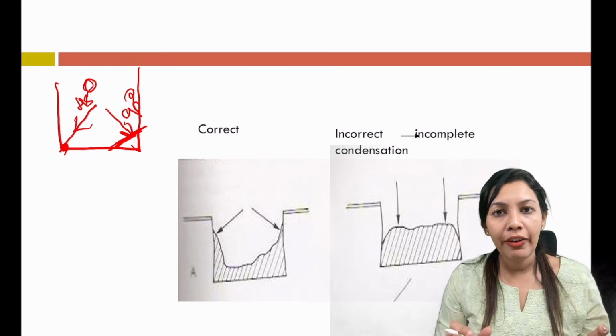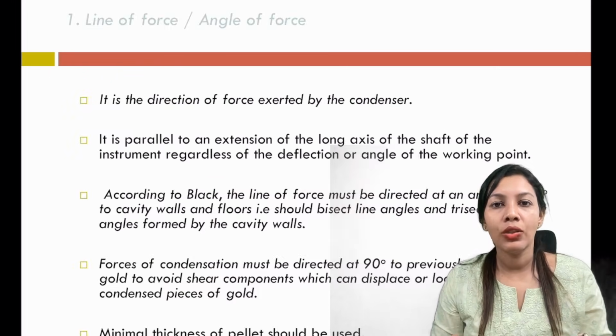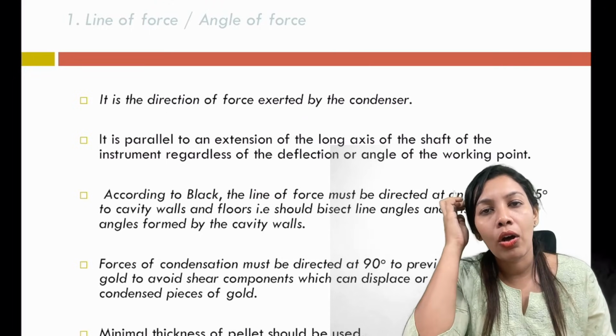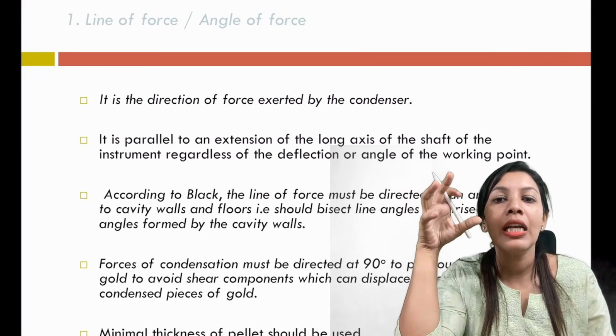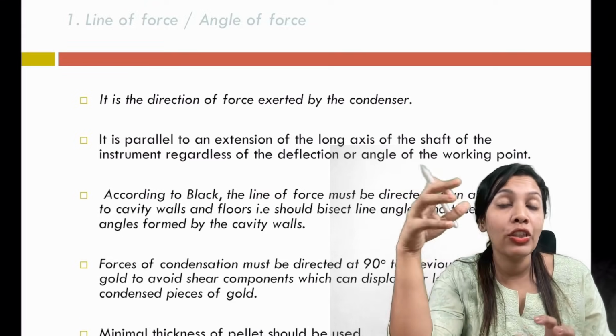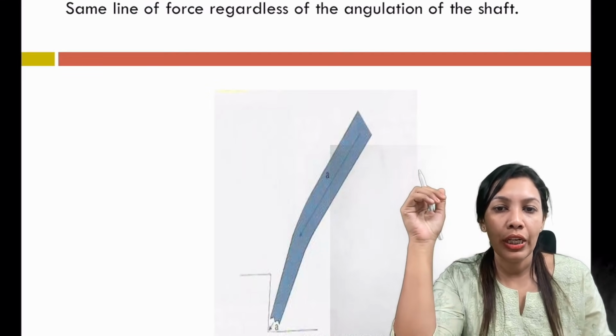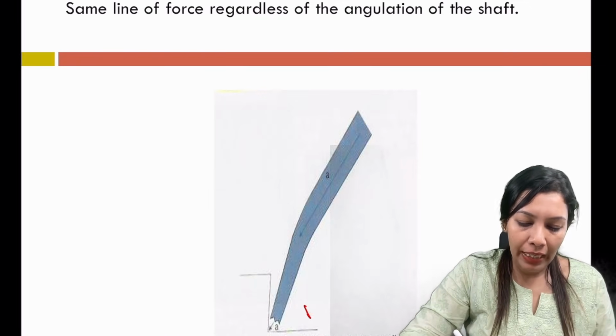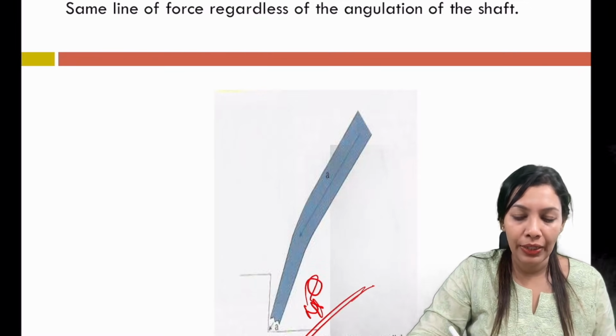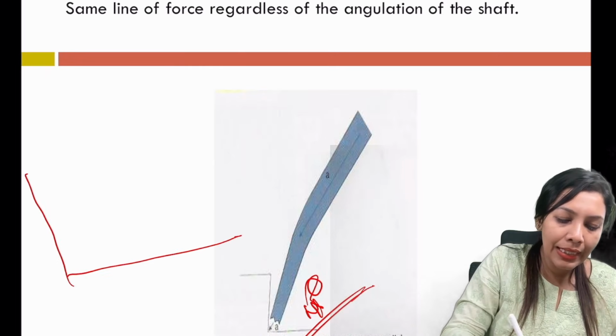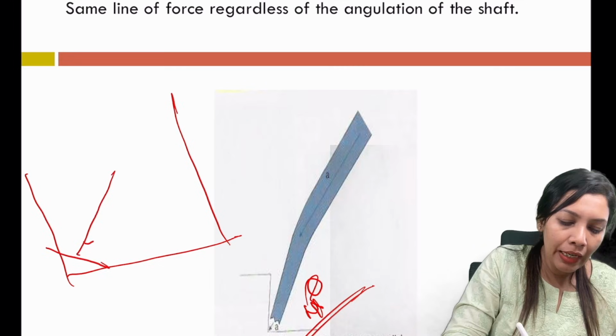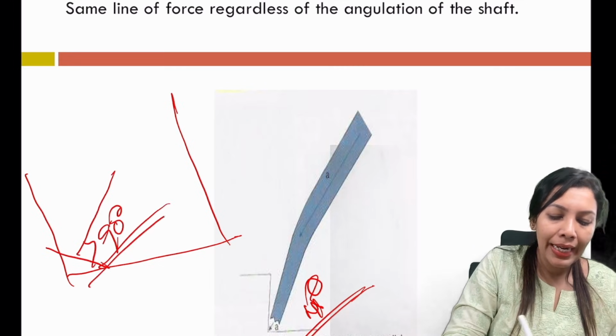So initially 45 degrees, next 90 degrees. That is the line of angle, or the angle of forces, and how we should apply the forces. You can see in this image, initially we give a 45 degree angulation pressure. After that, to the existing gold we apply a line of force of 90 degrees.